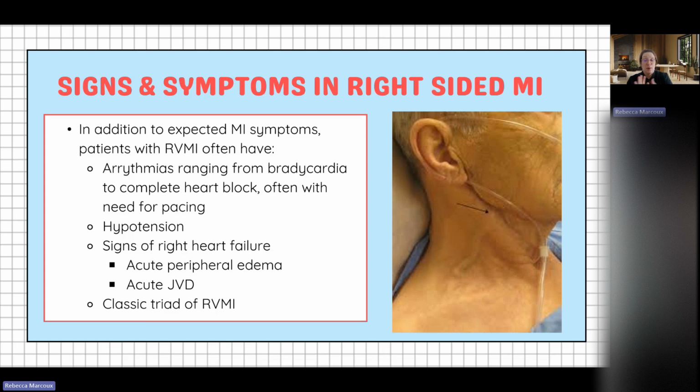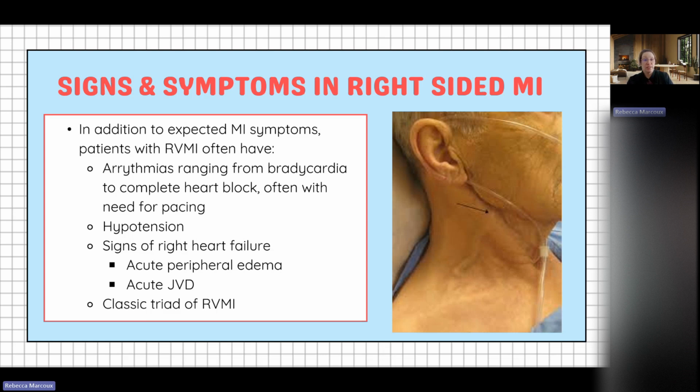And this is because if you remember earlier when I talked about circulation, our right coronary artery supplies our sinoatrial node and our AV node. So if that area is infarcted, oftentimes these patients are going to have a bit of wonky pacemaker activity going on, and they're going to be bradycardic, ranging from just sinus bradycardia to a complete heart block.